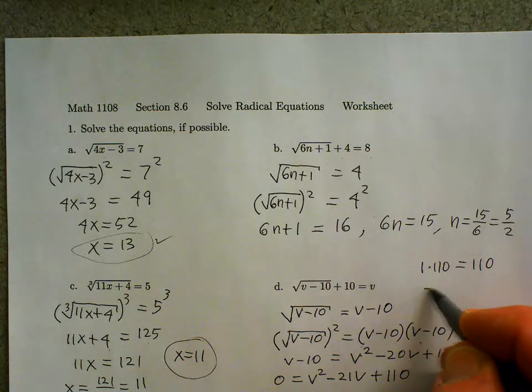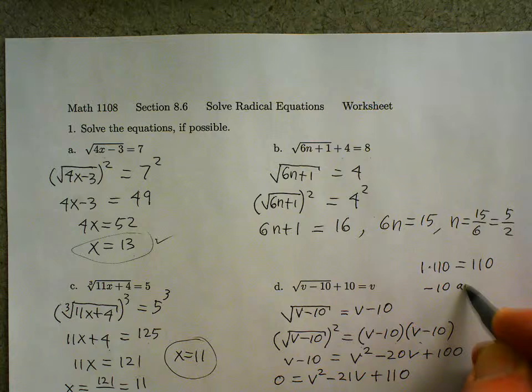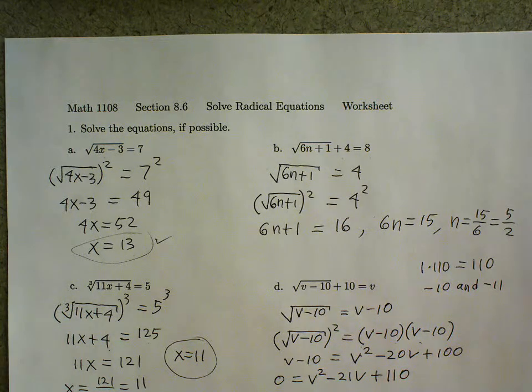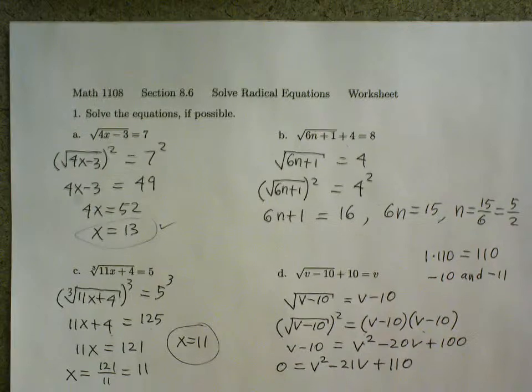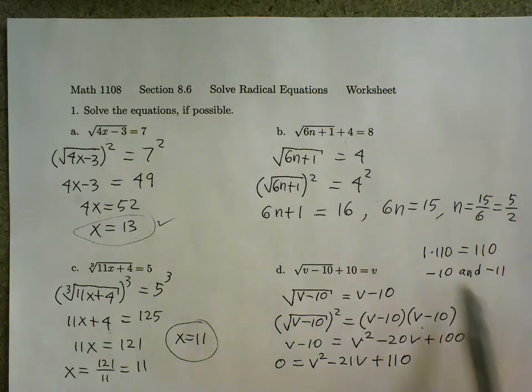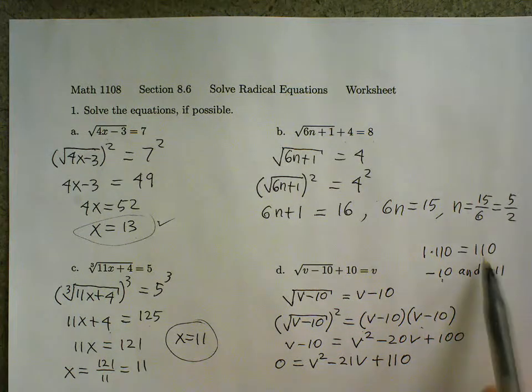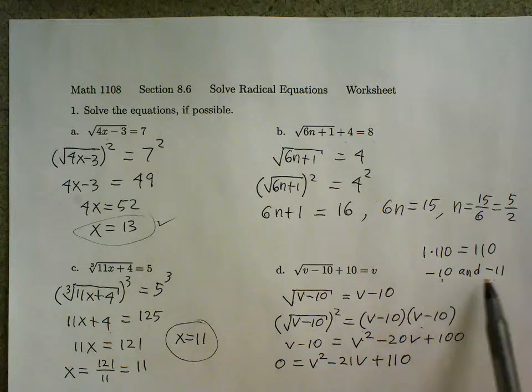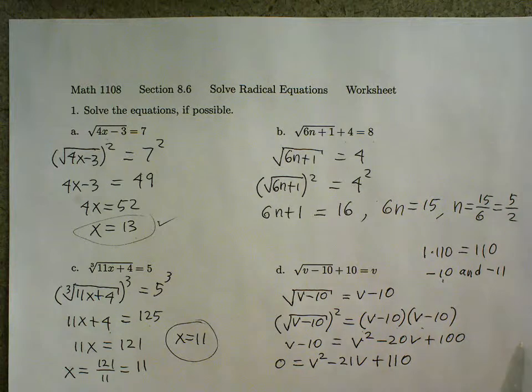Yeah, so negative 10 and negative 11 are two such numbers. Negative 10 times negative 11 is positive 110. And negative 10 plus negative 11 is negative 21.